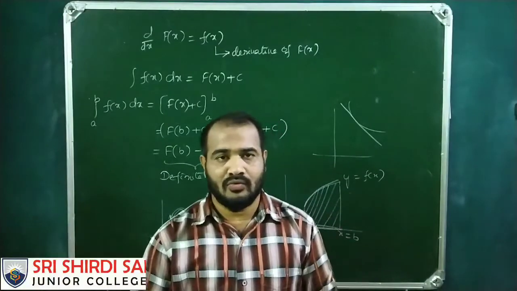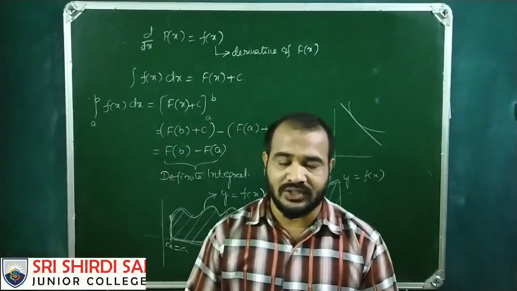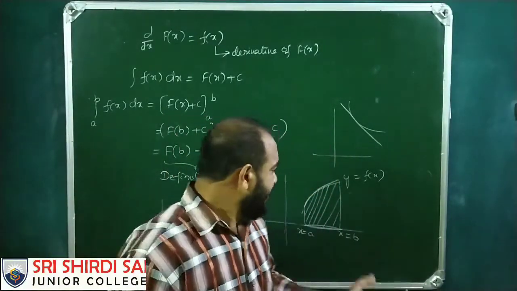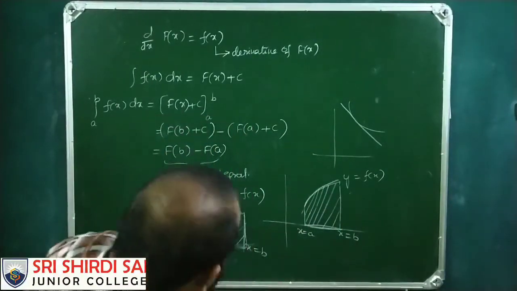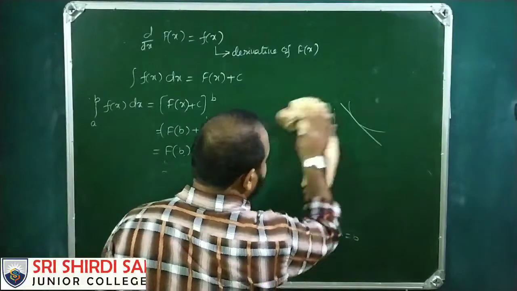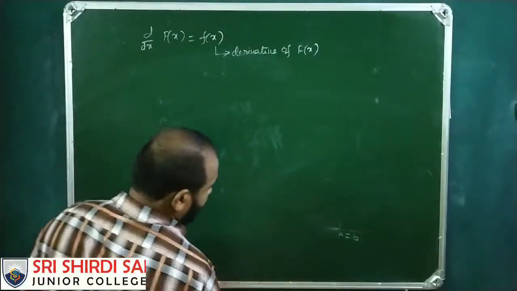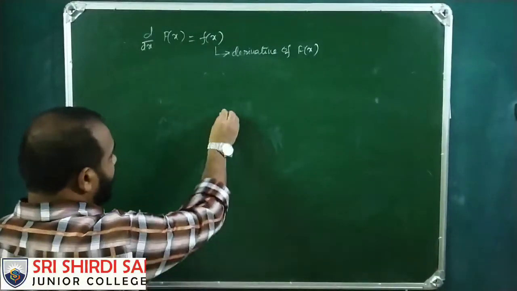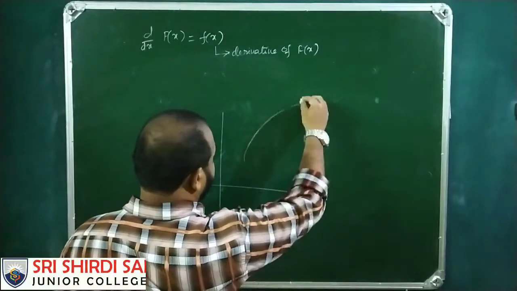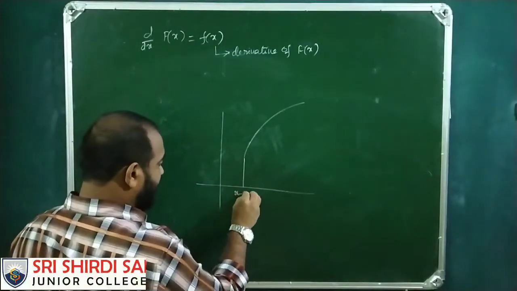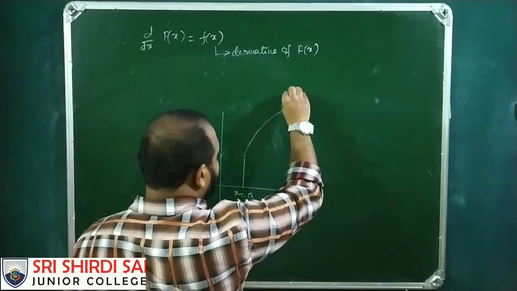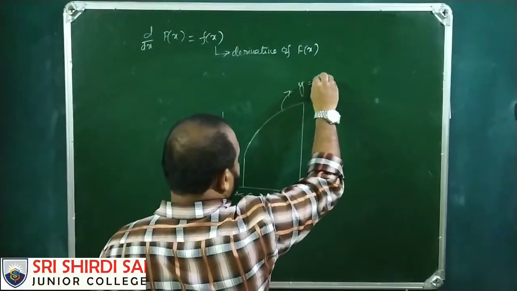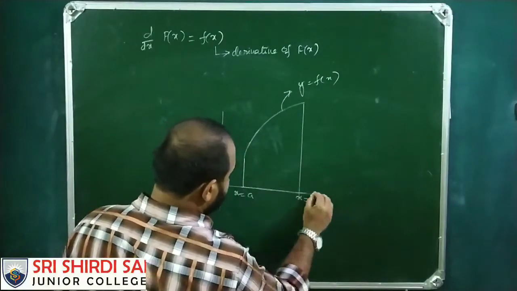So, for example, this curve is there, this is x equals a, this is x equals b, this is the curve y equals f of x, and this is the x axis.